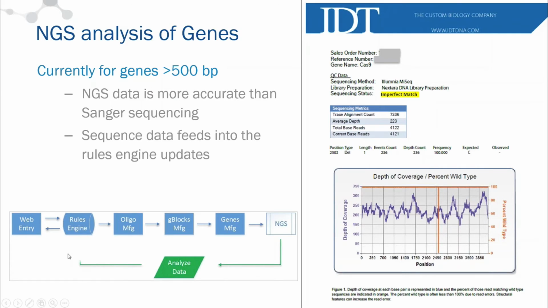We're using that to increase the predictive accuracy of the rules engine, which in turn gives you a better estimate of what we're going to be able to make, allows us to eliminate delays, and makes sure that you get the product you need on time. And this is just an example of an imperfect sequence. Obviously, this has one base that is completely wrong in it. It's very easy to identify and very easy to see, particularly with the depth of coverage that we have here.